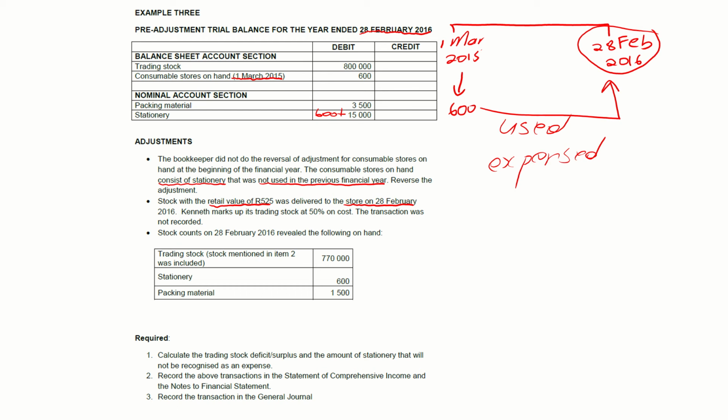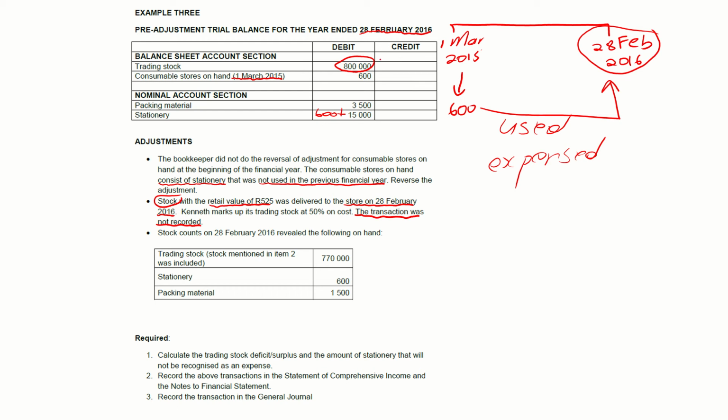The transaction was not recorded. That tells you that our trading stock balance of 800,000 is understated because there is trading stock that was purchased but only delivered on the 28th of February, and that trading stock was not added to the 800,000 rand that we have above.